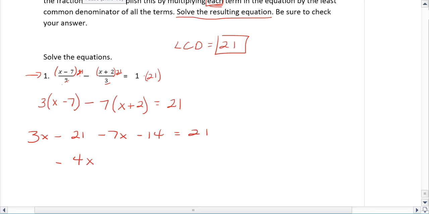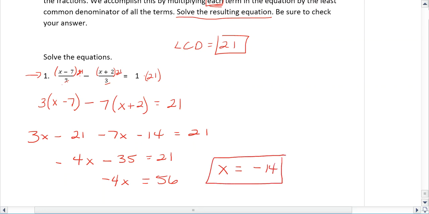Negative 21 and negative 14 is negative 35. And that still equals 21. Add 35 to both sides, and we get 56. Divide both sides by negative 4. And if I divided that right, I believe x is negative 14.